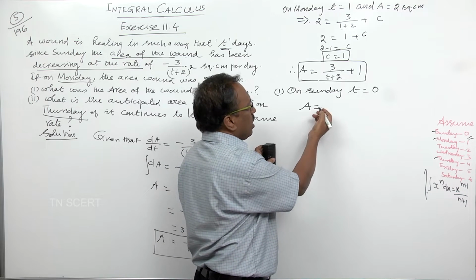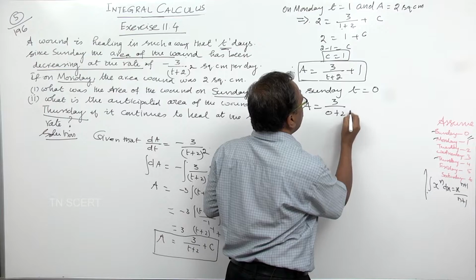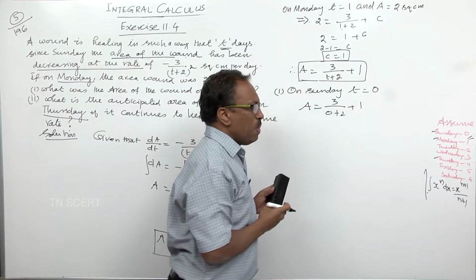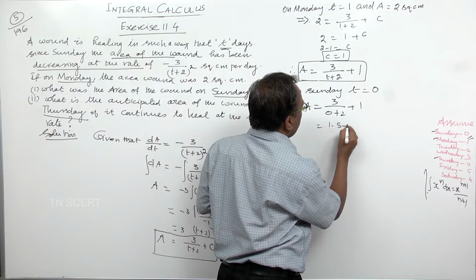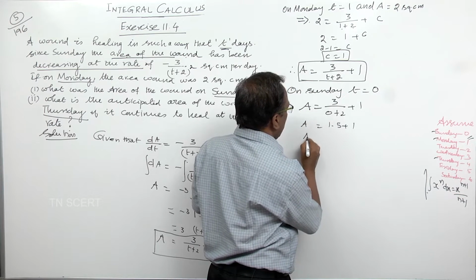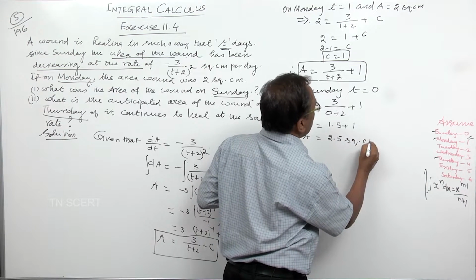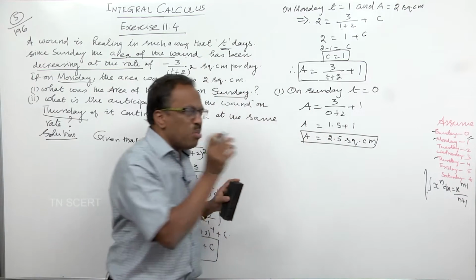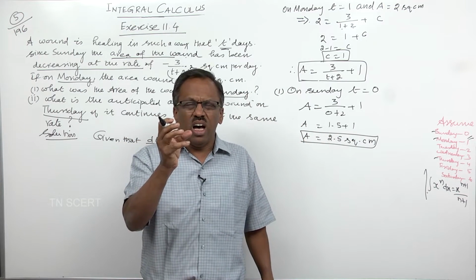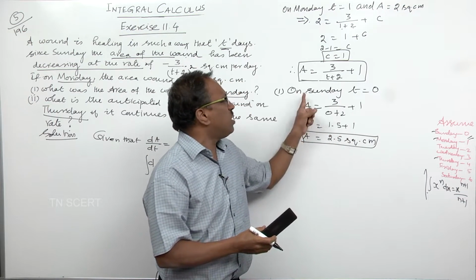So A is equal to 3 divided by 0 plus 2 plus 1, remember that. So 3 by 2 means it is 1.5 plus 1. So the area of the wound is 2.5 square centimeter. This much area the wound was there, that is 2.5 square centimeter on Sunday.